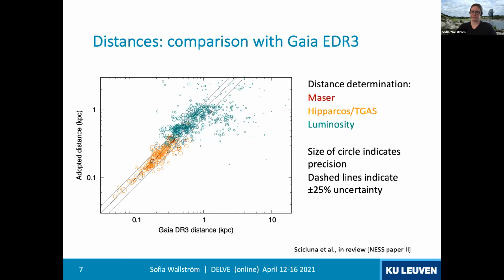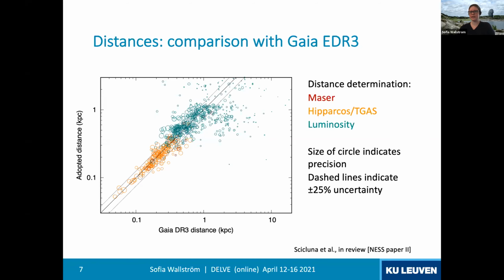So coming back to the distances, we've compared the distances that we're using with Gaia EDR3. And there's a line showing the one-to-one comparison here, and then 25% uncertainty. And the different colors represent the different styles of distance determination that we used. So largely for the nearby sources, our distances are good, but as we get further away, there's more scatter, which is not unexpected.